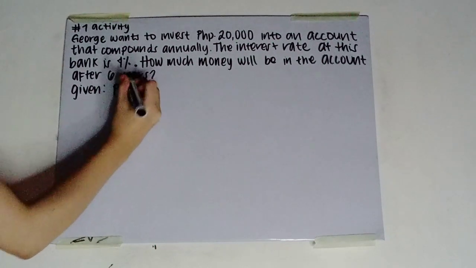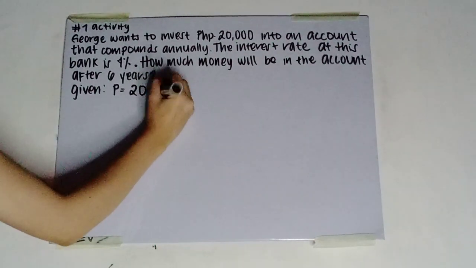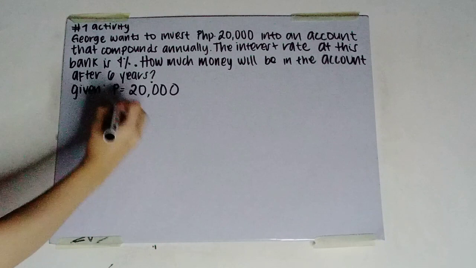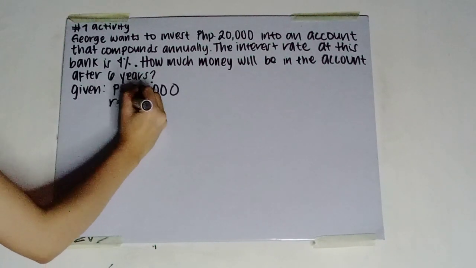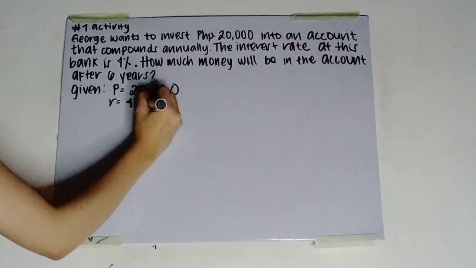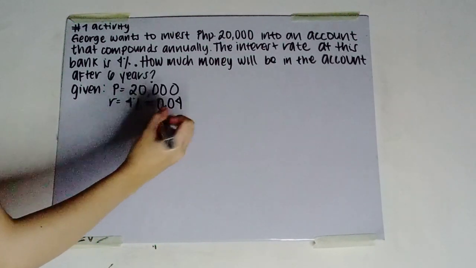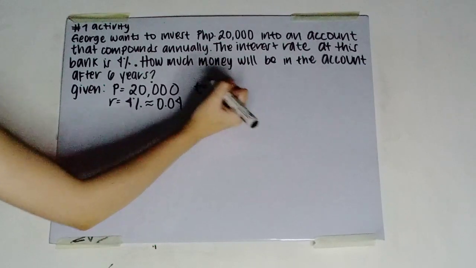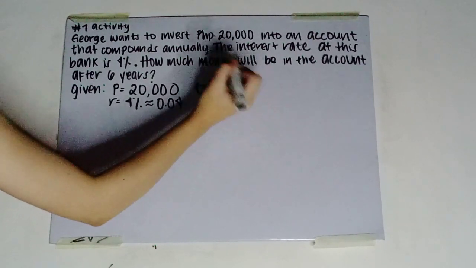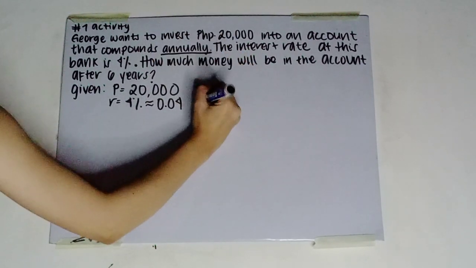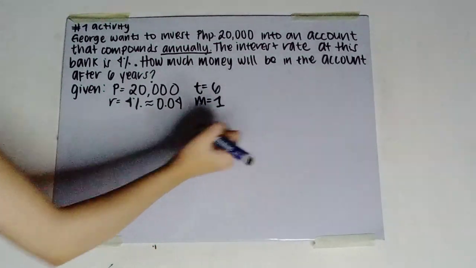P is equal to 20,000 pesos. R is equal to 4%, converted into decimal, 0.04. Time is 6 years. Since annually, M is equal to 1.